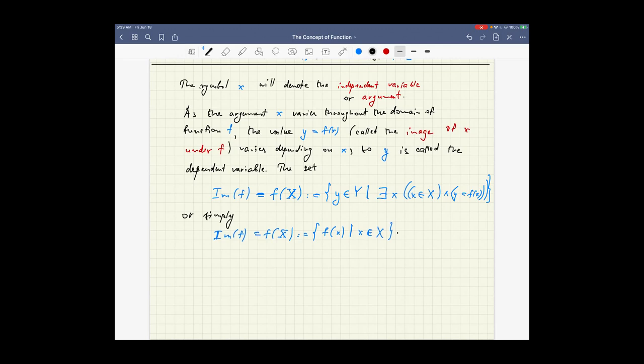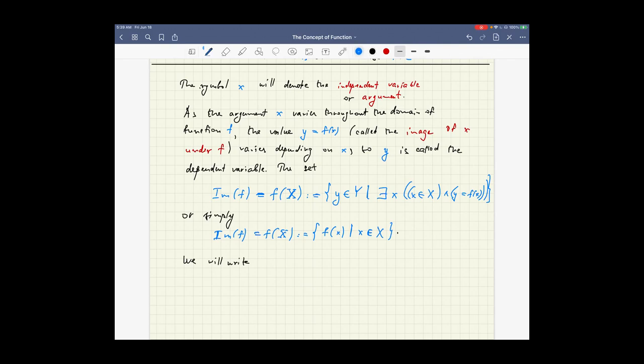Now, we will occasionally use the following notation. Technically, when you define a function, you always have to say what the domain and codomain are. But occasionally, or in fact very often, we will not specifically say what the domain and codomain are, in which case we will write the following thing.